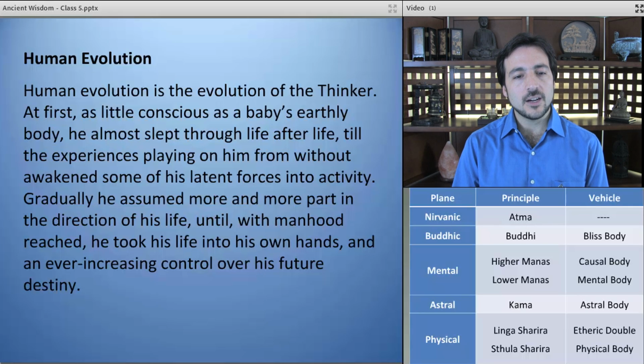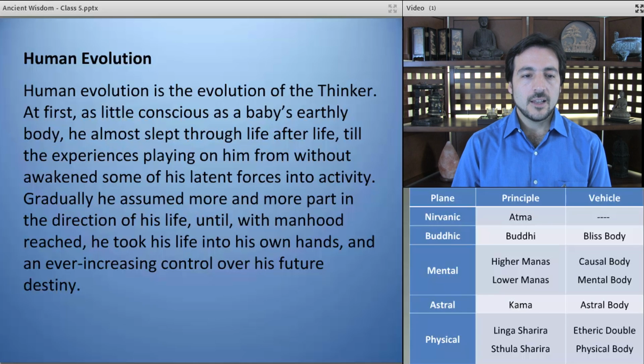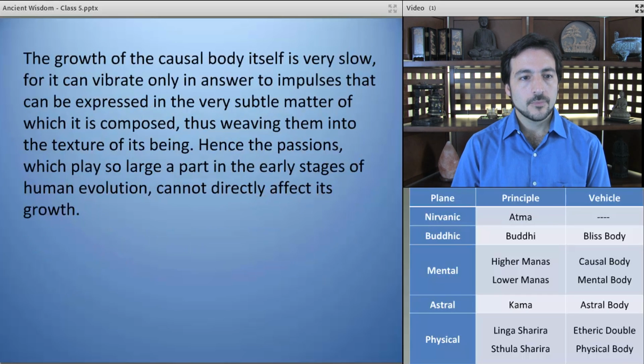So changes are mainly at the level of the lower planes, and in particular with human beings, it depends on the evolution of the soul on the higher mental plane. For the growth of the causal body itself is very slow, for it can vibrate only in answer to impulses that can be expressed in the very subtle matter of which it is composed, thus weaving them into the texture of its being.